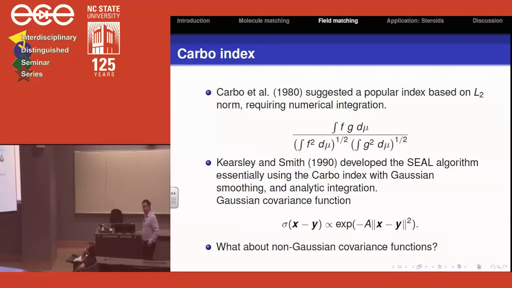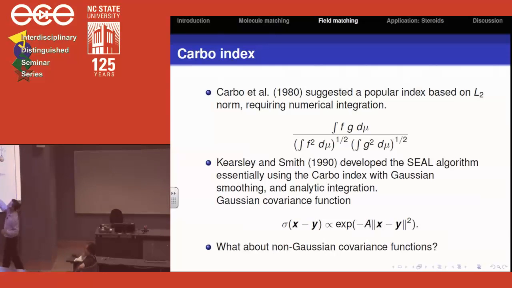Now, this has actually been considered in the chemistry literature quite a long time ago, in fact, where they did something similar, where you get a field that you imagine your molecule. It's not just discrete points; it's a fuzzy cloud of electrons. It really is a continuous object anyway, not just a set of points. And then you get one field estimate for one molecule, and then one for another one, and then you try and find the location and rotation that'll match them up as close as possible.